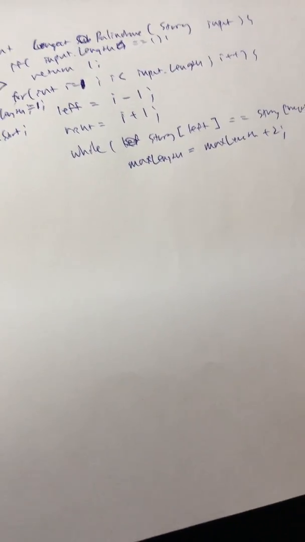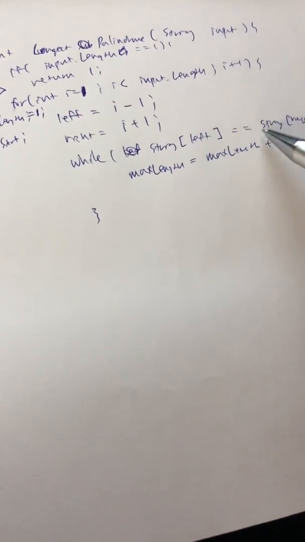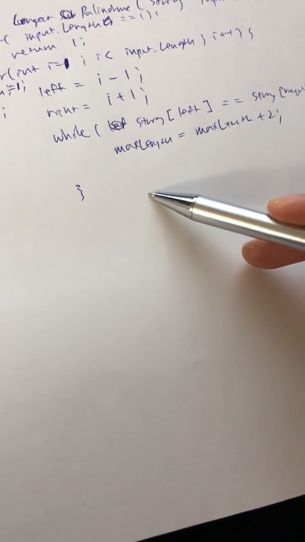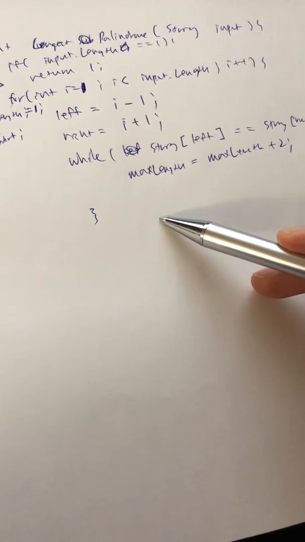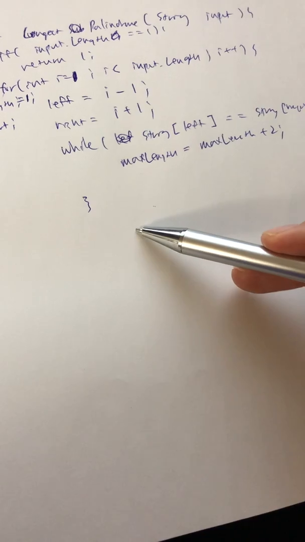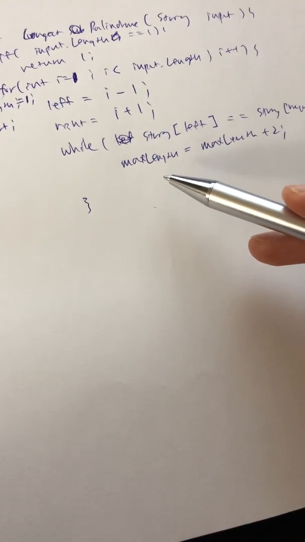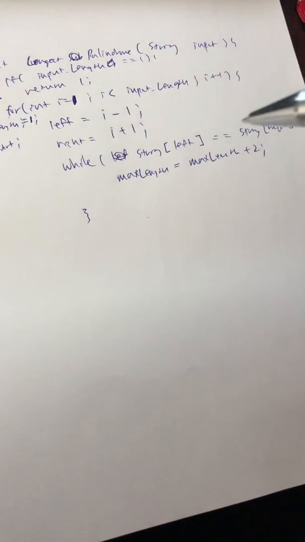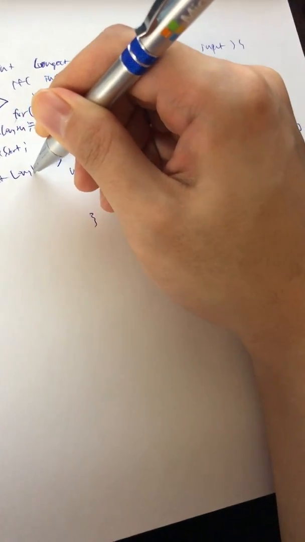Until they're not the same, I'm going to keep increasing it, and if they're not the same, I'm going to exit out of the loop. And there ends the iteration of that specific length.